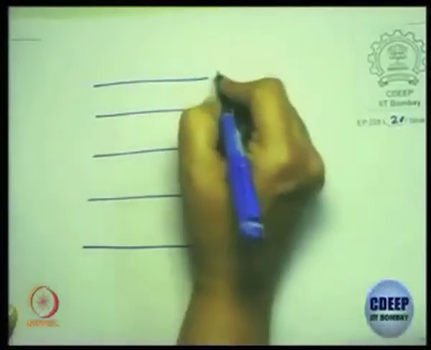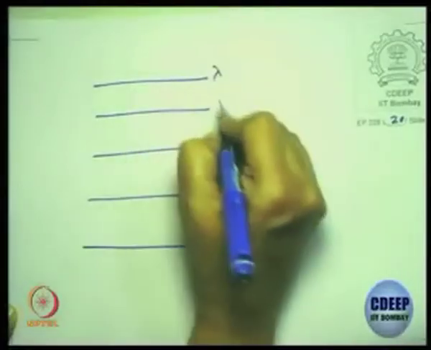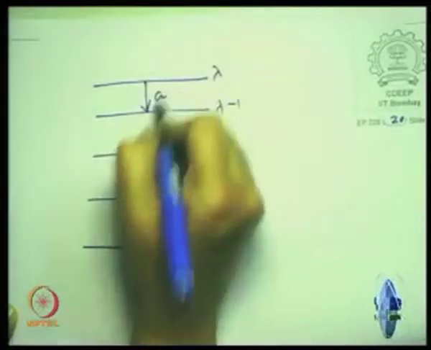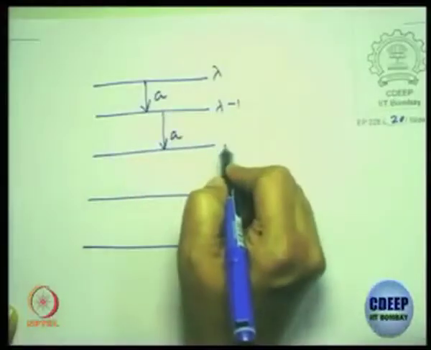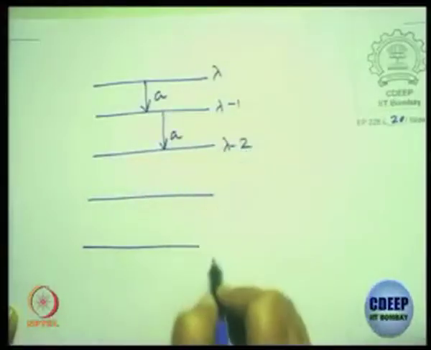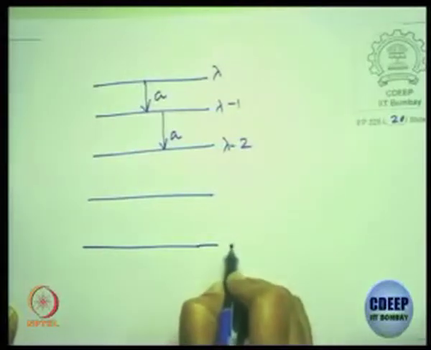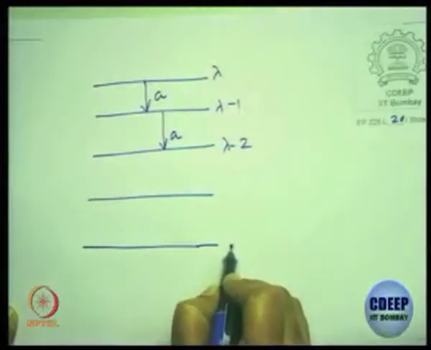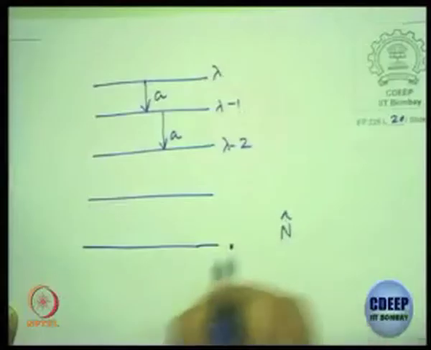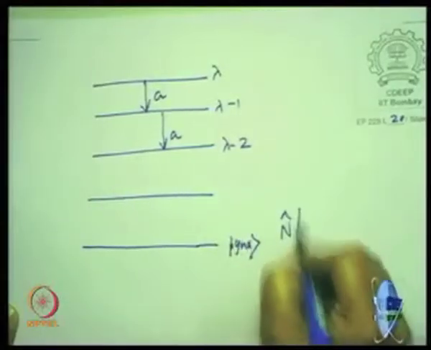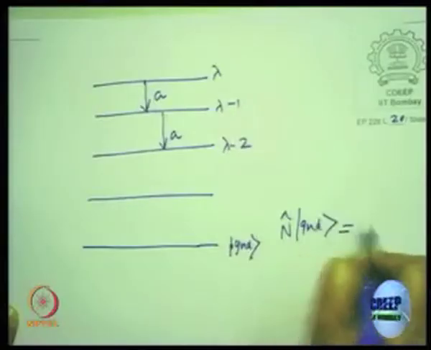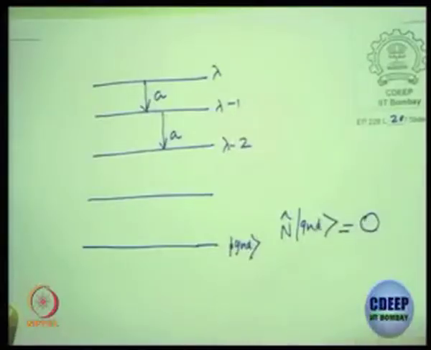You can go from, let's say, lambda to lambda minus 1 with an a operator, and you can again use an a operator, go to lambda minus 2, but at most you have to hit a value such that the number operator on that state, let me call it a ground state, can be the lowest value has to be 0.